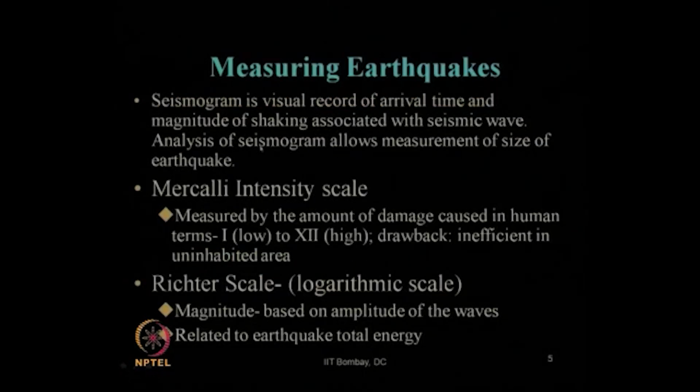And we have seen the basic measuring scales for intensity and magnitude. For intensity, it is the Mercalli intensity scale, which was later modified, so it is named the Modified Mercalli Intensity or MMI scale, and the other is the Richter scale.